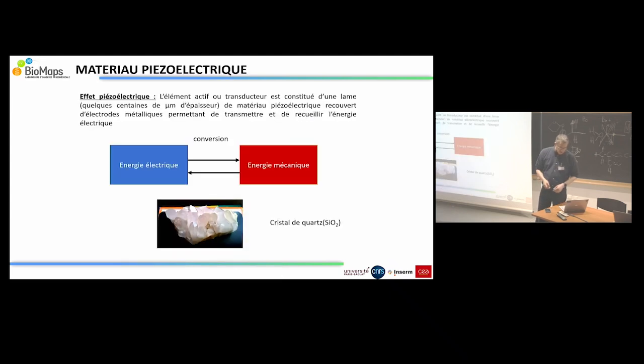So how can we generate ultrasound in the body? For that, we will use piezoelectric materials, and these materials have the capacity to transform electric energy into mechanical energy and to transform mechanical energy into electric energy. And typically, a quartz crystal is a piezoelectric material.